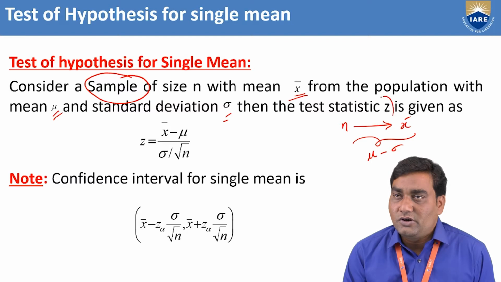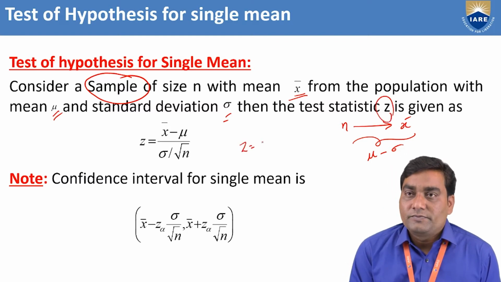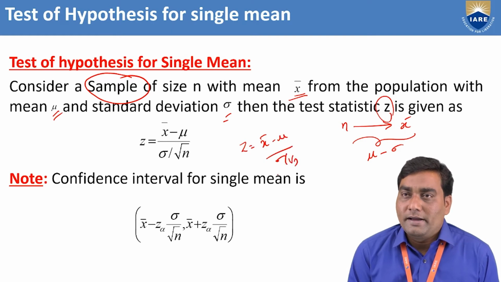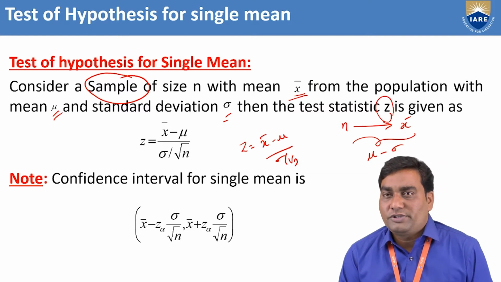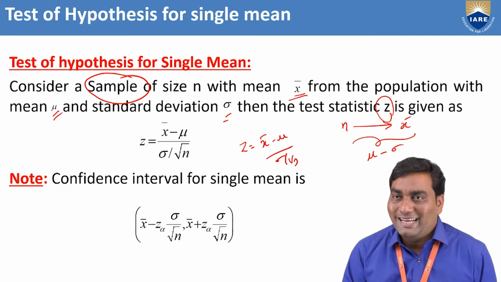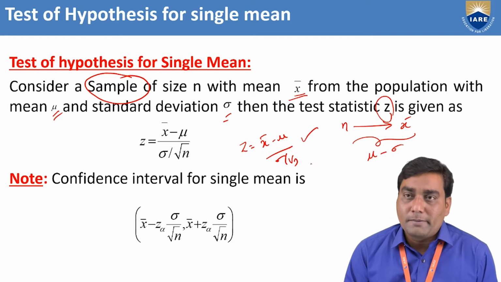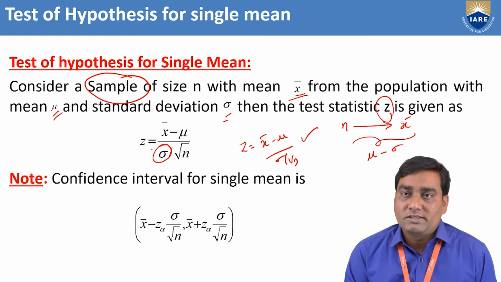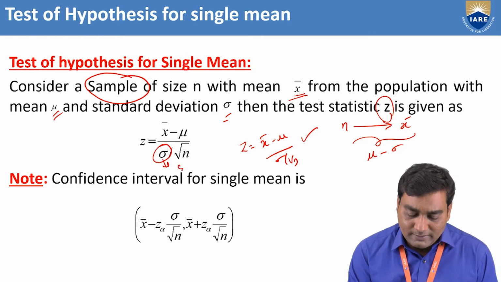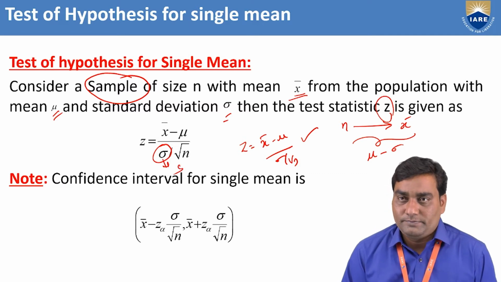Then the test statistic Z, in step 4 of the 5 steps in test of hypothesis procedure, is x bar minus mu by sigma by root n. Sometimes they may not give this value. In that case, you can consider the standard deviation of the sample S also.